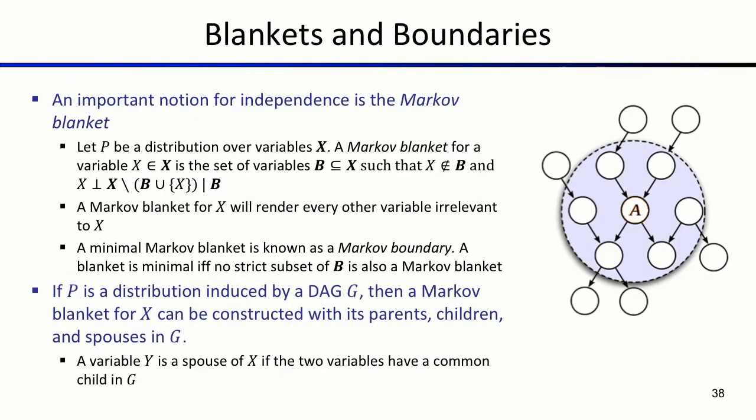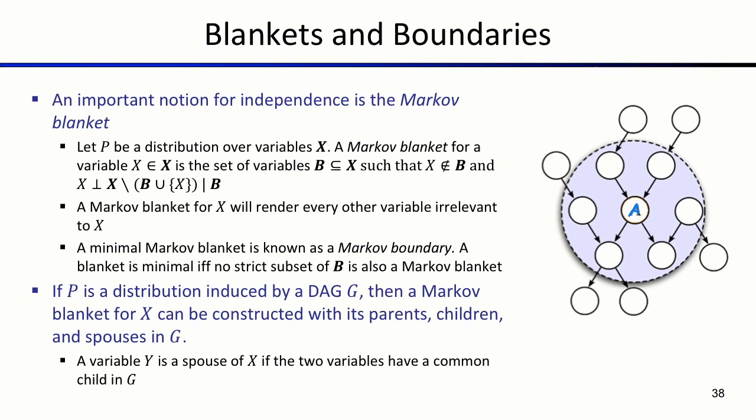So one last concept that we should take a look at is called Markov blankets and Markov boundaries. So let's use this figure here to explain. Suppose that we have this variable A here, and we want to make A independent of all the other variables that we have in the graph. So you would like to know which variables we have to observe in order to make A independent of the whole graph.